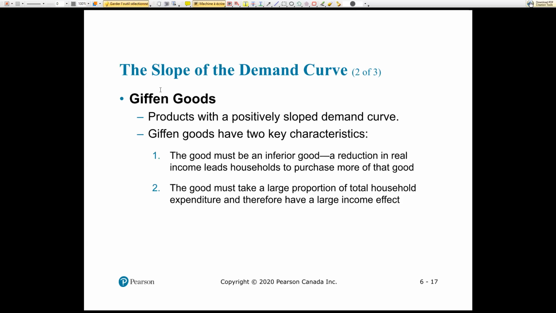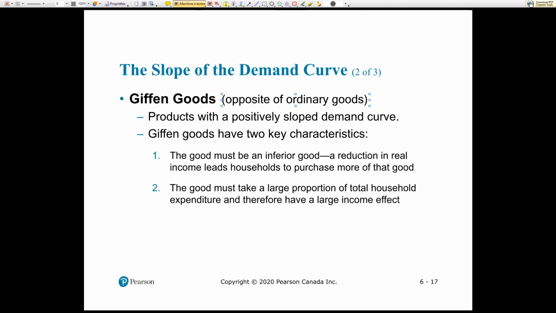And yes, the very strange good, which is the opposite of ordinary good, is products with a positively sloped demand curve.